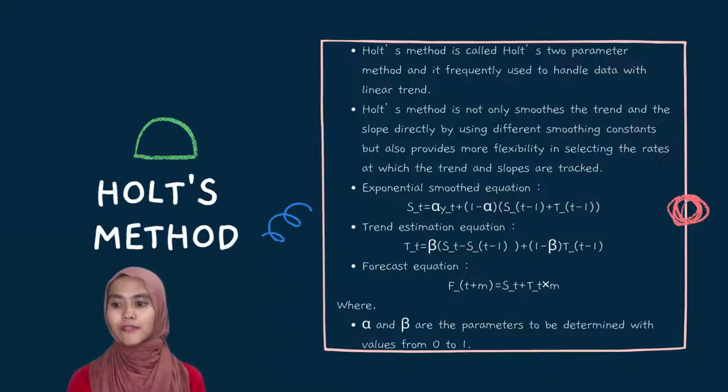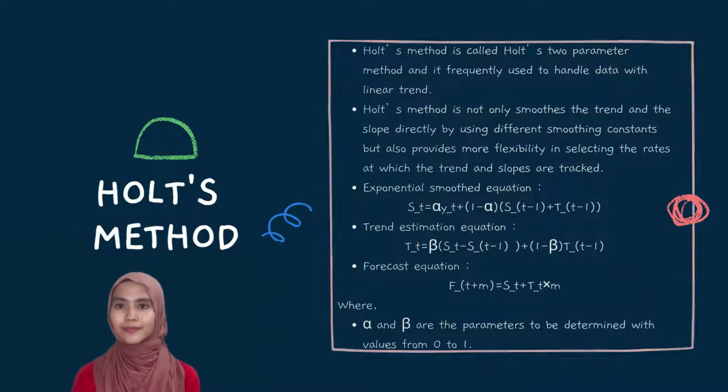Then, the equation for trend estimation is Tt equals beta multiplied by (St minus S(t-1)) plus (1 minus beta) multiplied by T(t-1). The last equation is the forecast, F(t+m) equals St plus Tt multiplied by m, where alpha and beta are the parameters that take a value between 0 and 1.